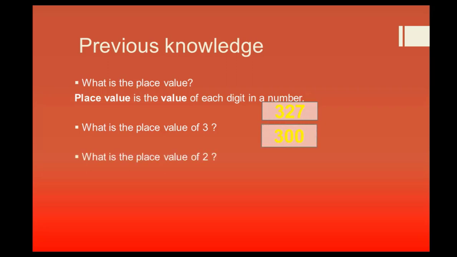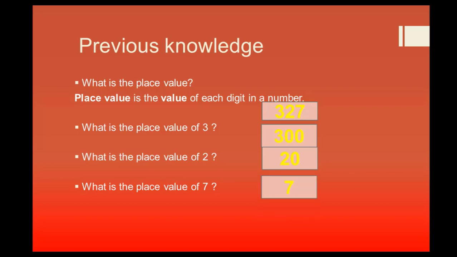Here, what is the place value of 2? Now 2 is at 10's place, so the place value of 2 is 20. Can you tell me what is the place value of 7? We know 7 is at 1's place, so the place value of 7 is 7 ones or 7.